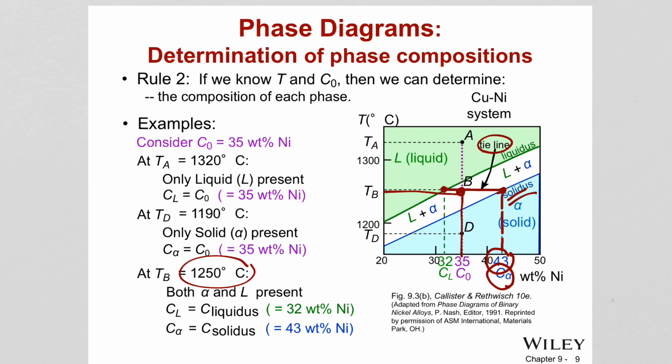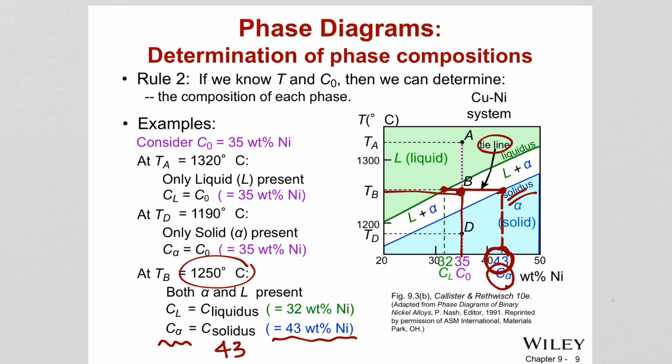So that means 43% nickel is in the solid phase. Okay, so the composition of the solid is equal to C with the subscript alpha, which is 43.